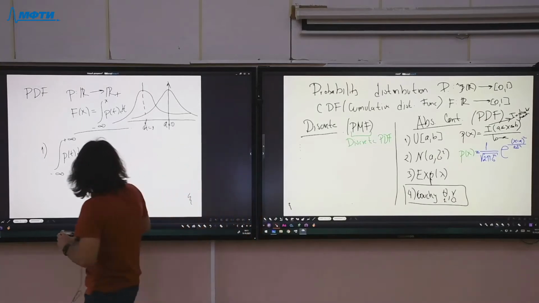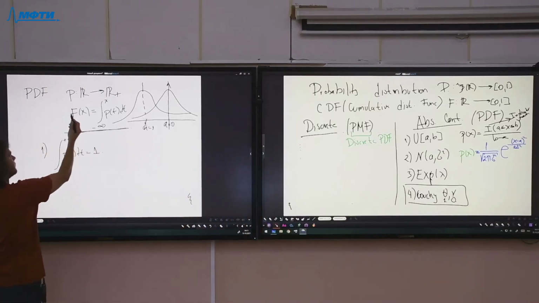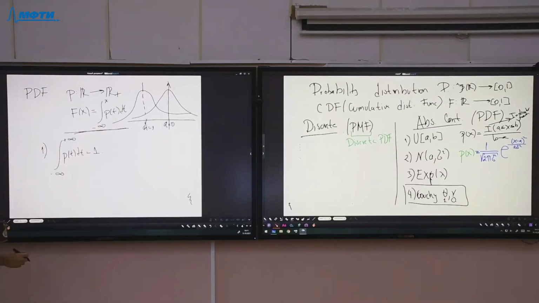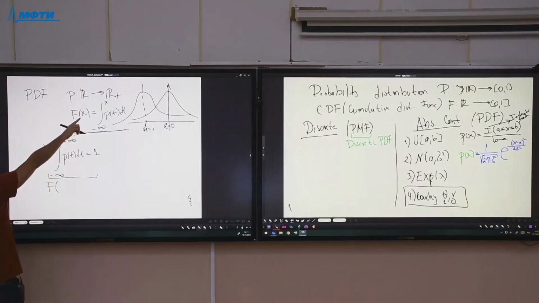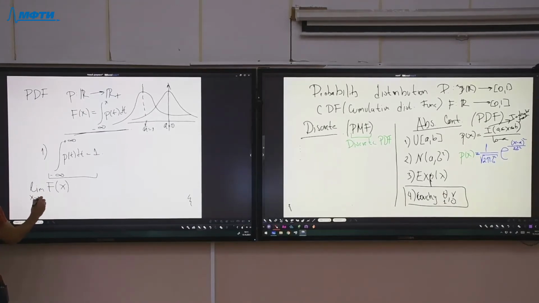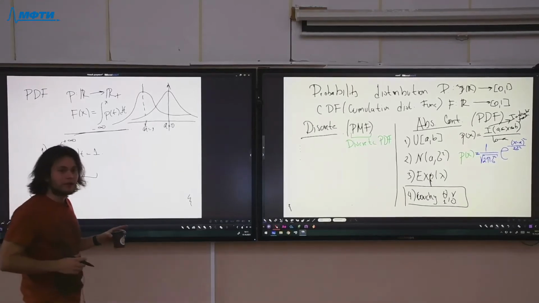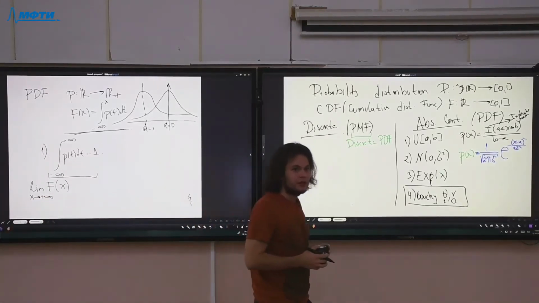Okay. Look, the definition is like this, right? So what is this? This is F of x, but instead of writing x, we have to write plus infinity, the limit when x tends to plus infinity. So it means that this is the probability that this random variable is less or equal than plus infinity. That is 1.